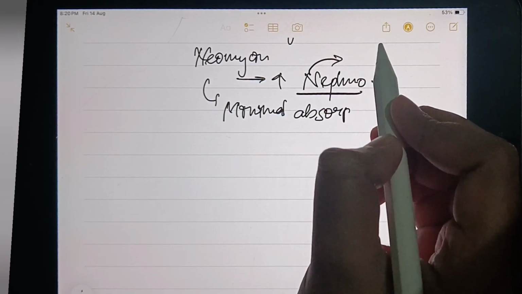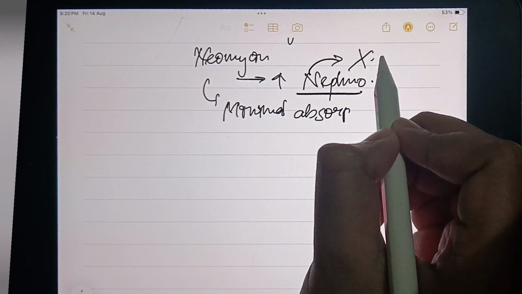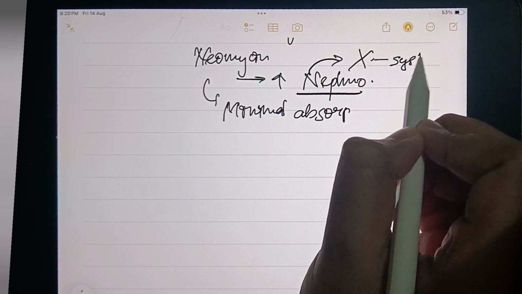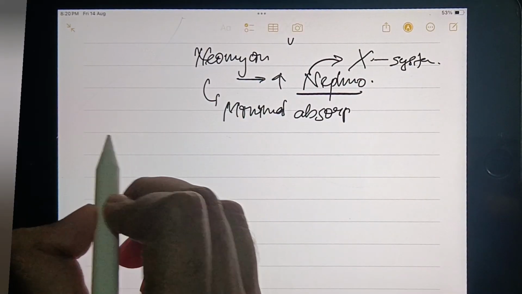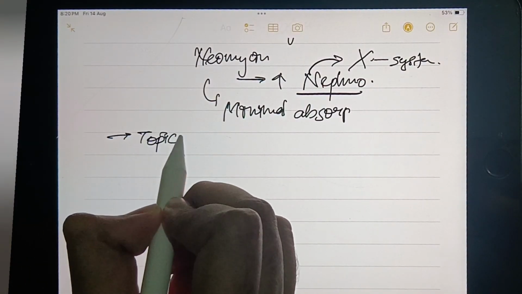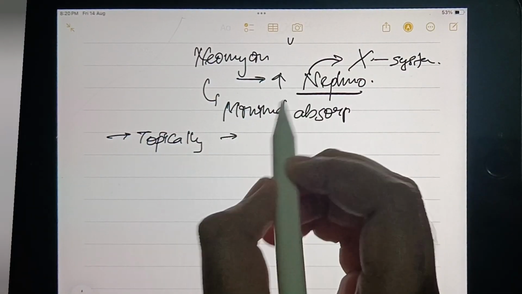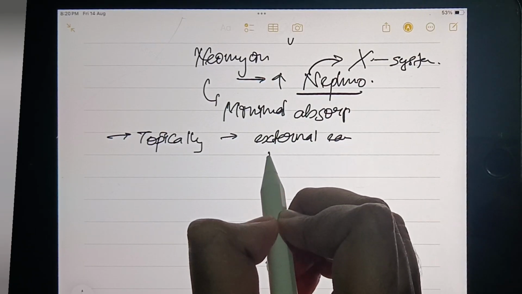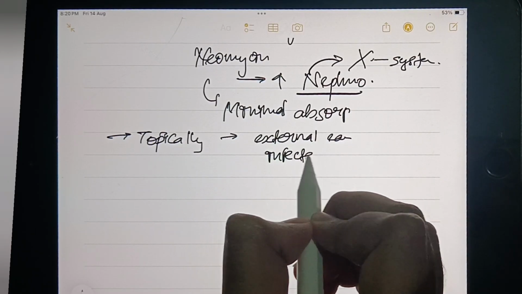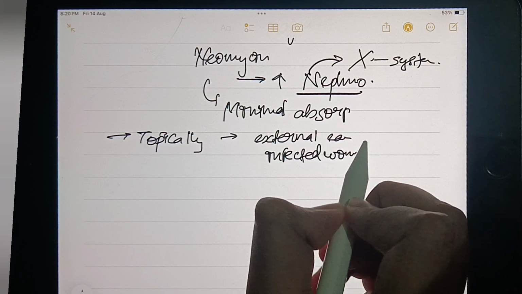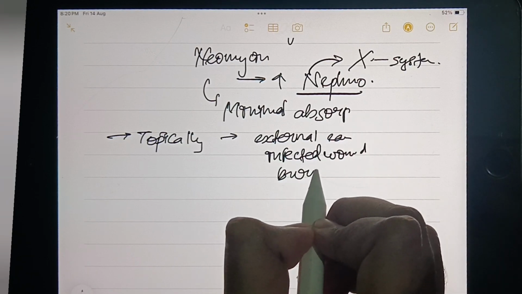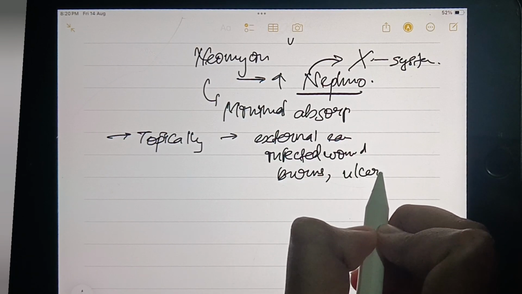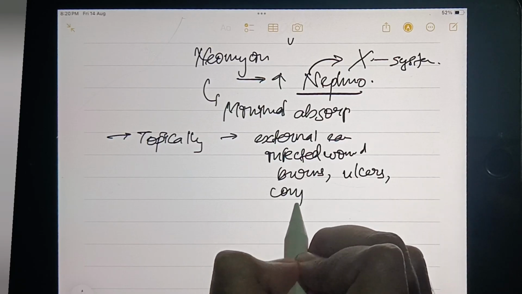As it is most nephrotoxic, it is never used systemically. Okay, so it is used topically if we have external ear infection or infected wound, or burns and ulcers or conjunctivitis.